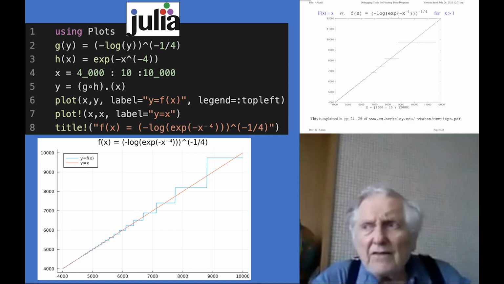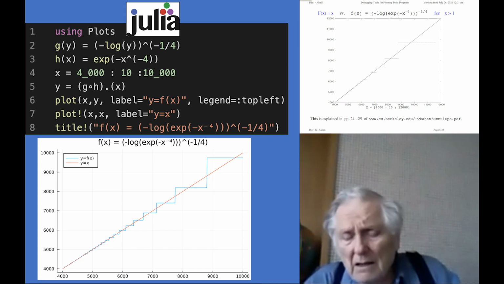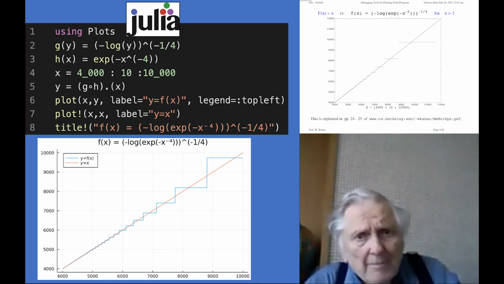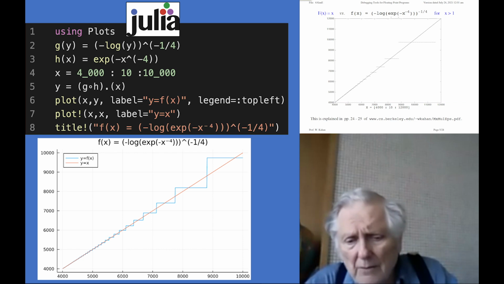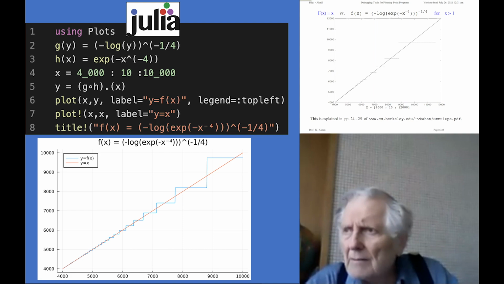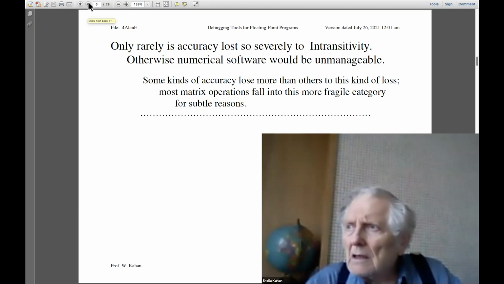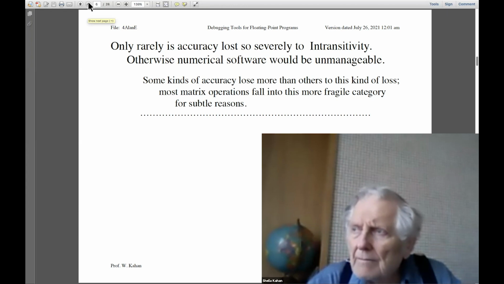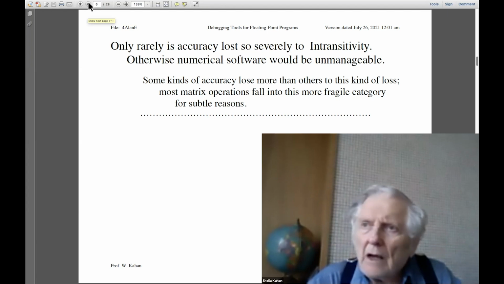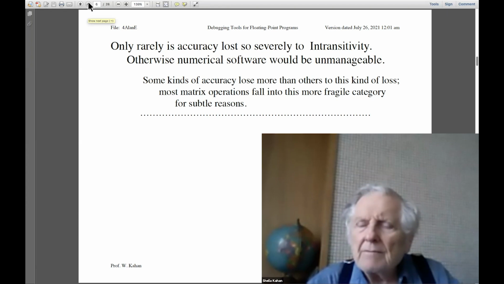Now, it's a good thing that this doesn't happen all the time, because if it did, we would find that numerical software would be impossible, because numerical software is a cooperative venture. We often incorporate other people's programs in our own floating point programs.